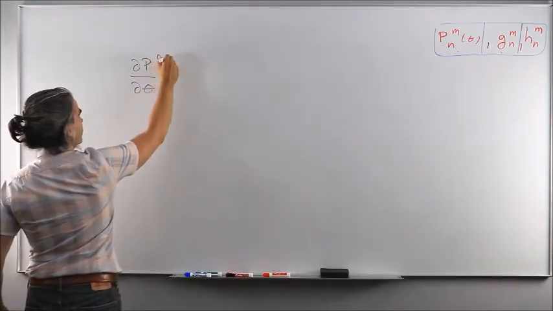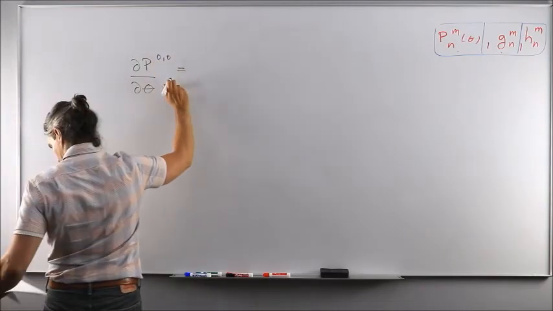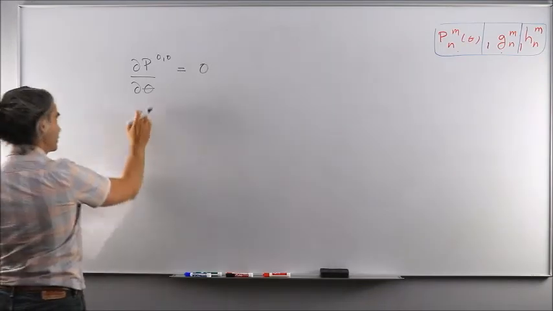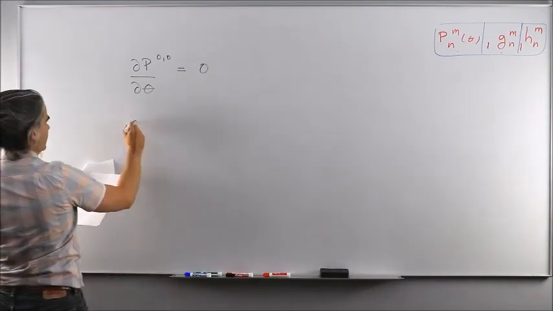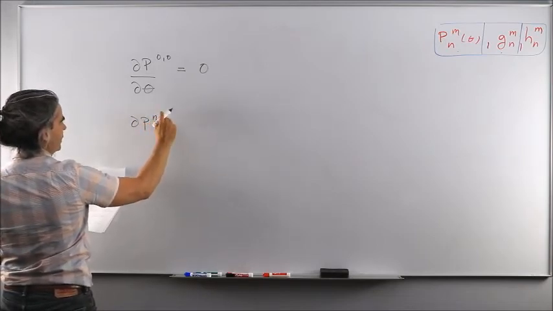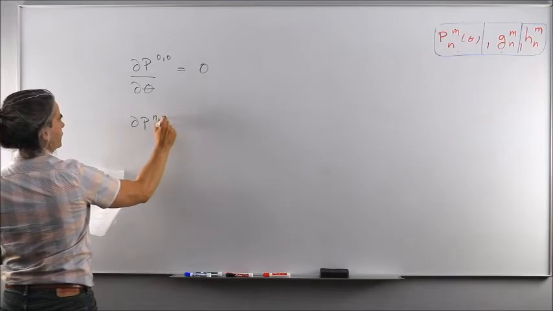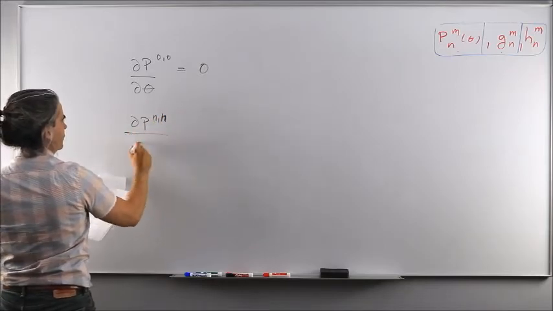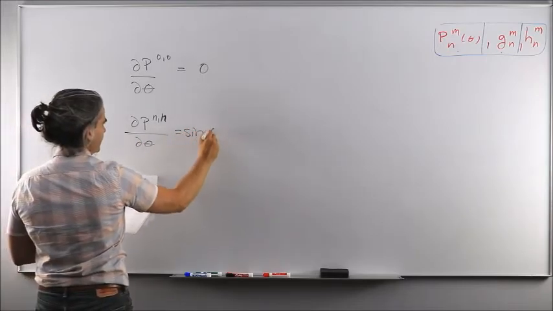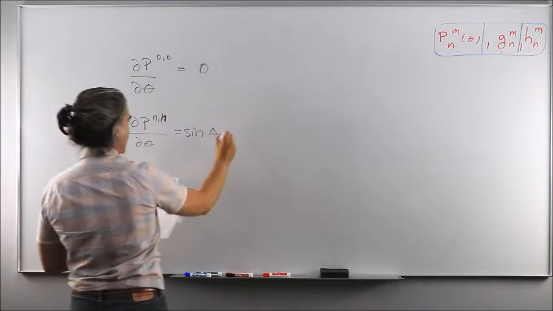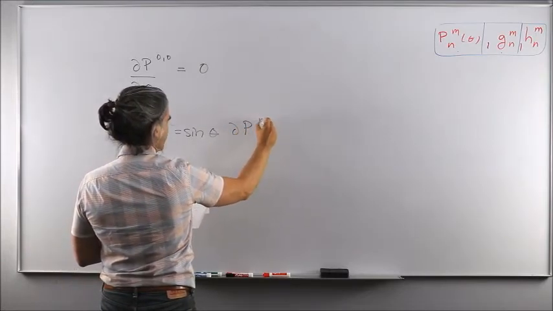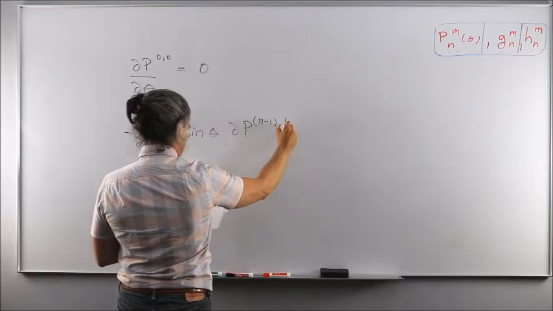Whenever degree is equal to order equal to 0, this partial derivative will simply be equal to 0. That's good news. It's a good start. We like zeros. But whenever the degree is equal to the order n, with respect to the co-elevation angle, we're going to get sine of co-elevation times the partial derivative of degree n minus 1, order n minus 1.